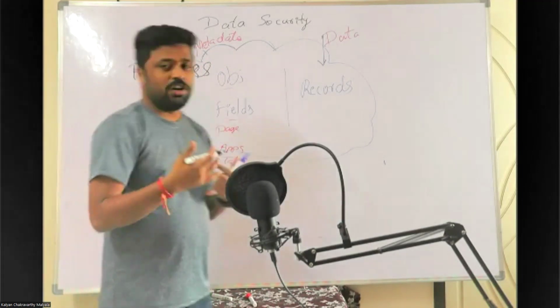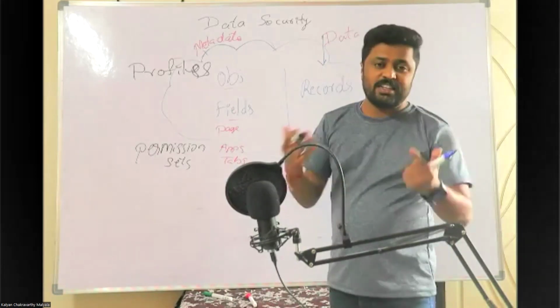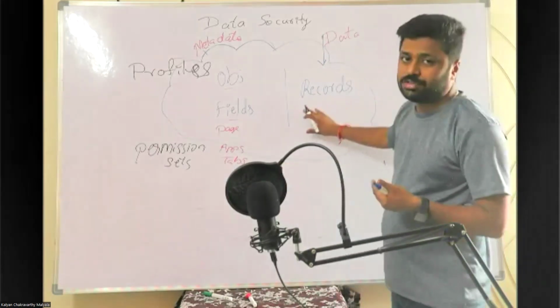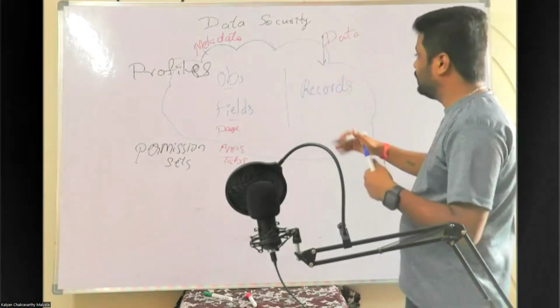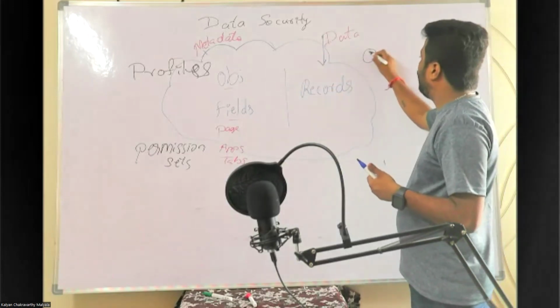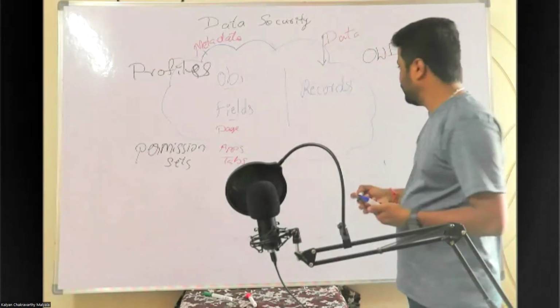Suppose you want to restrict or provide the user access to the records, which is record level access, or the actual data access, then we have to use organization wide defaults, the first step of restriction.